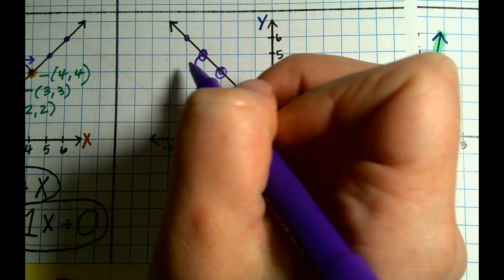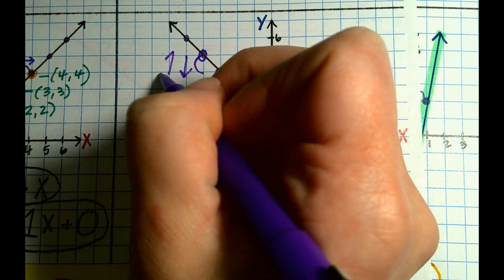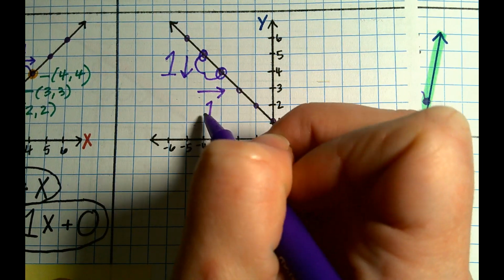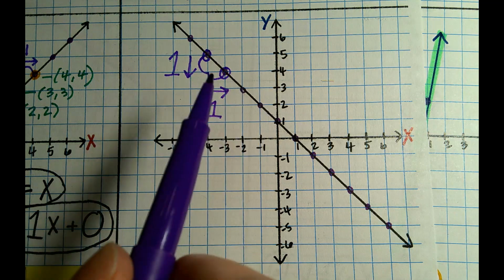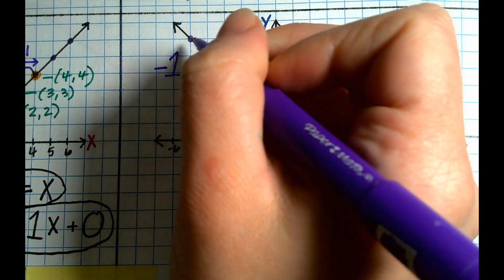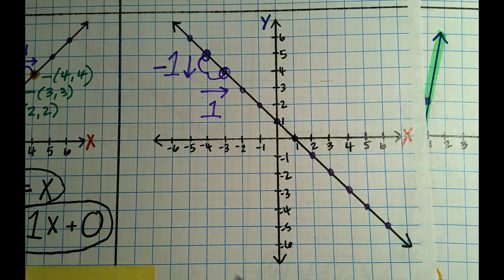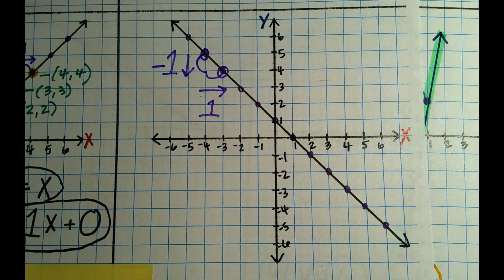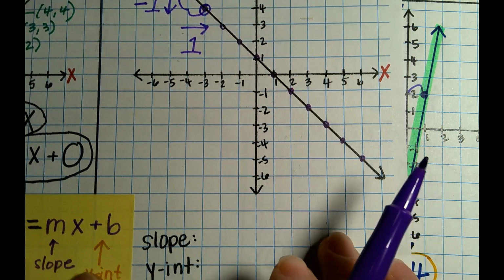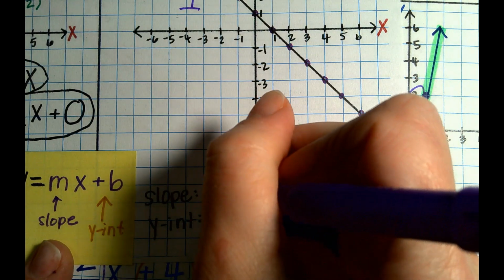Yes, down 1 over 1. Now when we go down 1, what's the sign of that number? Negative, because we went down. So, what is my slope? Negative 1 over 1. That negative makes a difference.